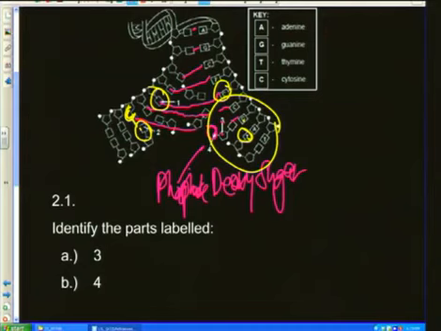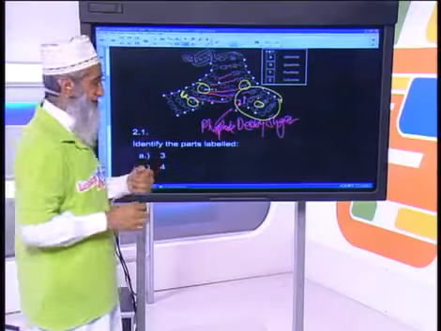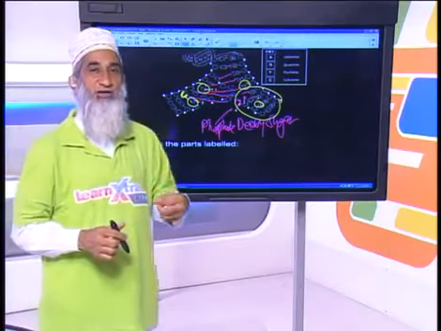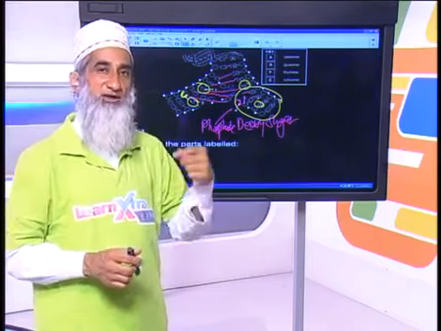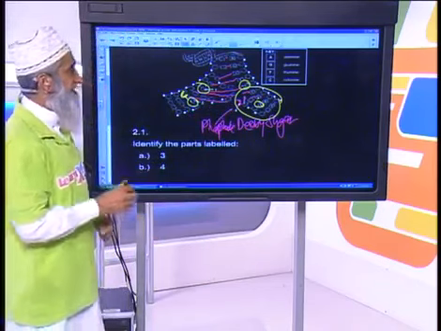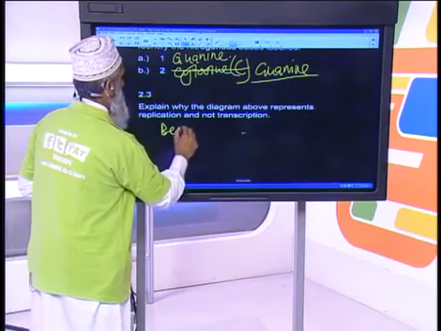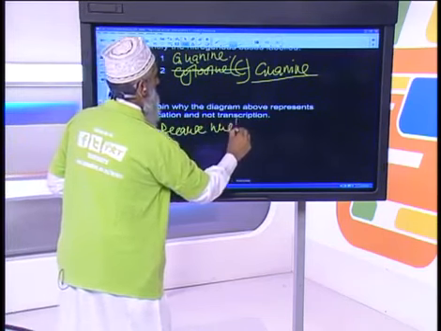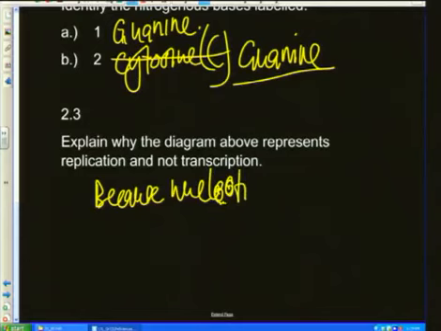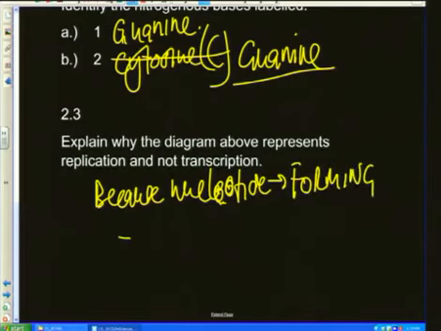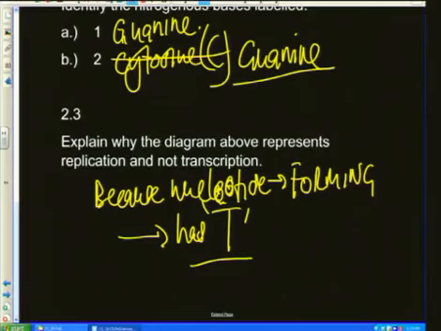Because of that, this will show that this is replication and not transcription, because transcription involves a messenger RNA, and messenger RNA would have uracil and not thymine. So, because the nucleotide forming has thymine, it cannot represent messenger RNA.